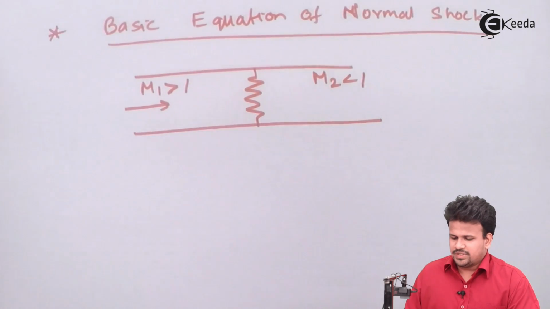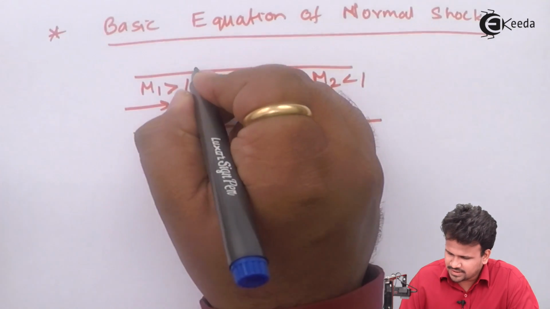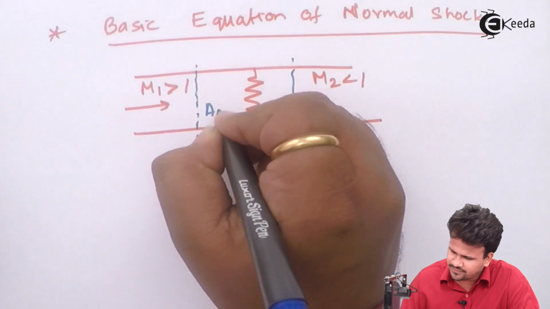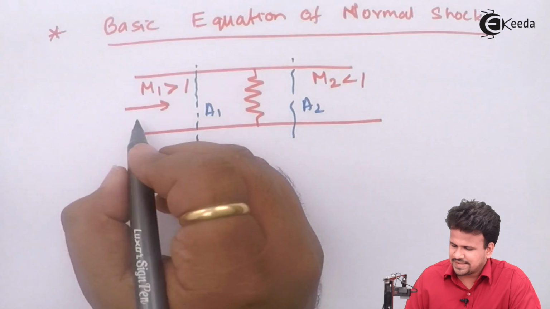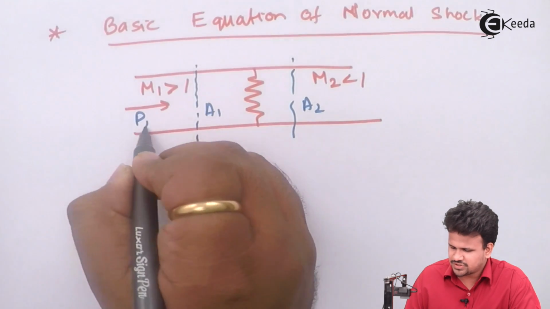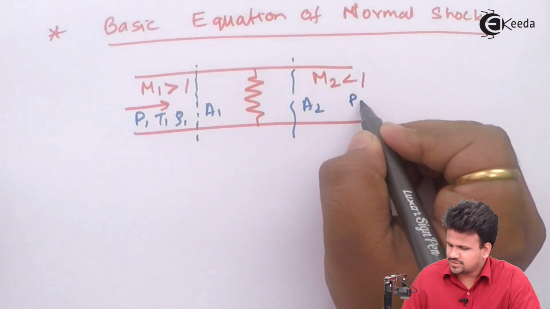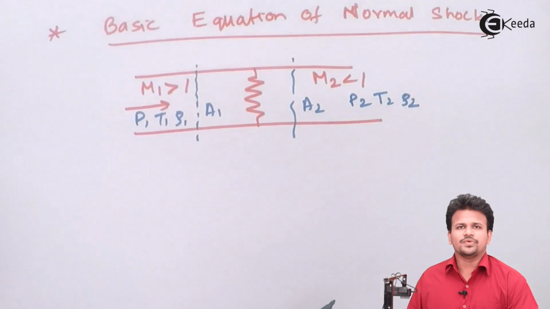Now over here we have to apply the continuity equation, considering that for an ideal fluid the area of cross section A1 as well as A2 is the same. The other properties we'll take into consideration are pressure, temperature and density. Here also this is pressure P2, temperature T2 and density ρ2.